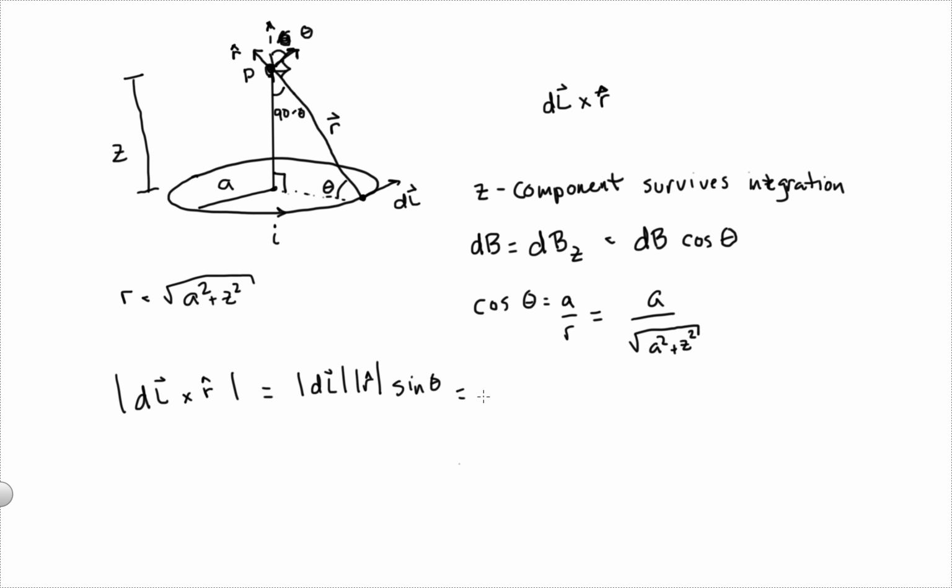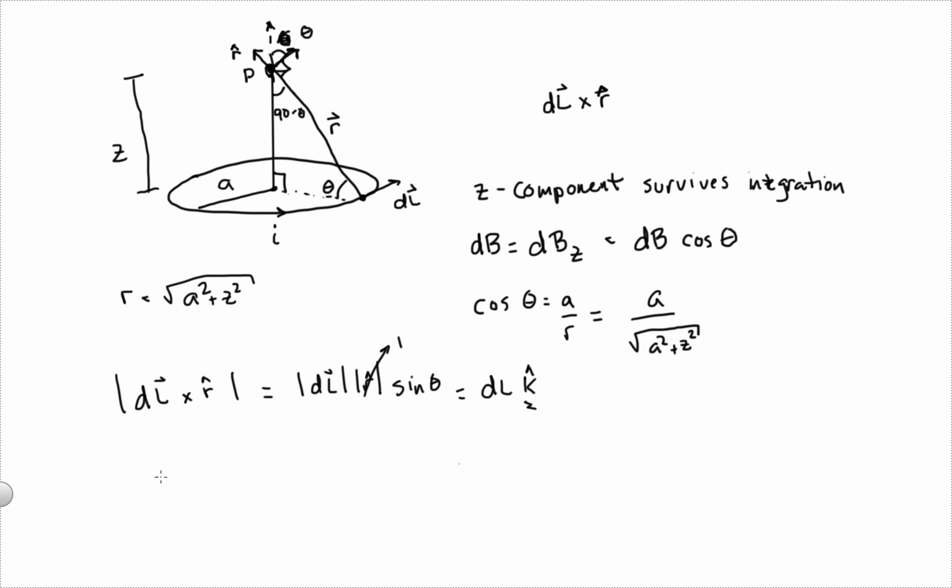And that is going to just yield a dl in the k hat direction. All right, so this term is 1. This dl, the sine term, is one that doesn't necessarily need to be 1, but what we do know is that when we add everything together, we're only going to be left with a z component.